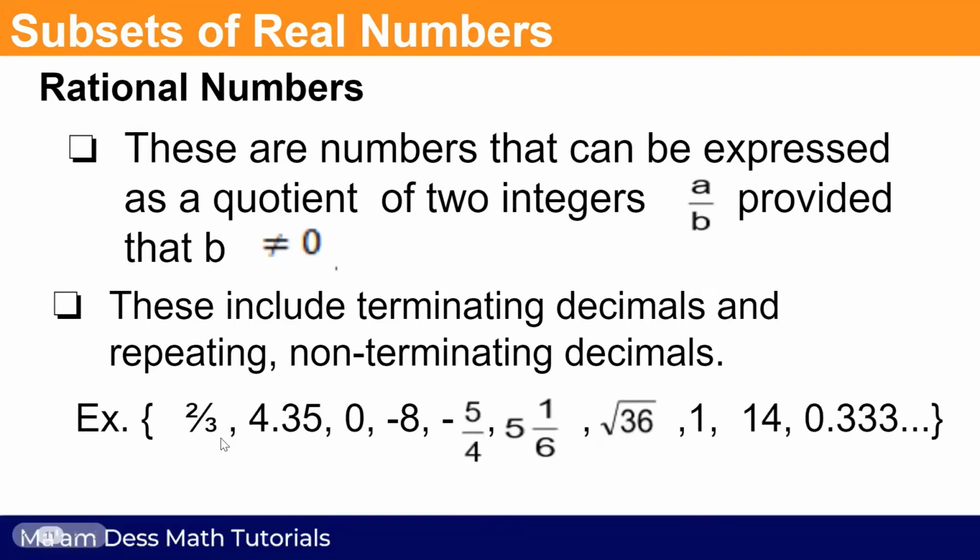Example, we have 2/3, 4.35, 0, -8, -5/4, 5 and 1/6, square root of 36, 1, 14, and the repeating decimal, 0.33. Okay, so pansinin po natin ang mga example ng rational numbers.